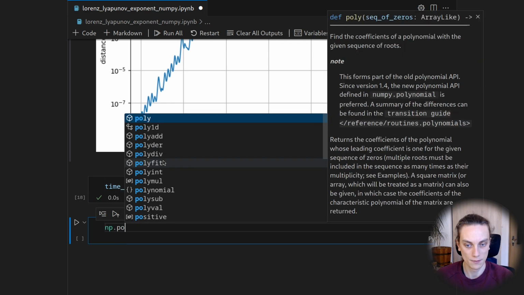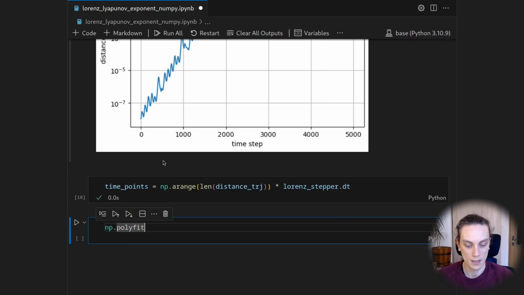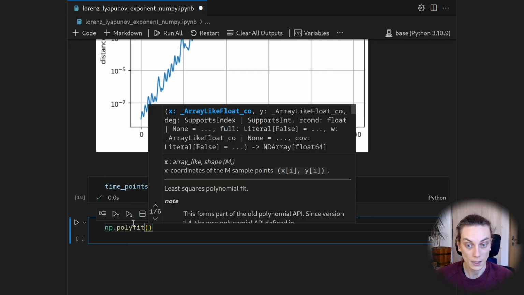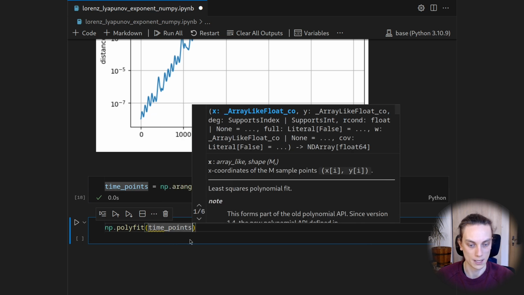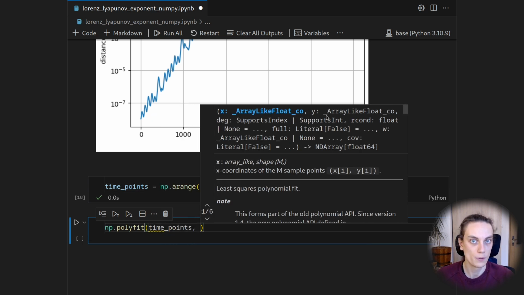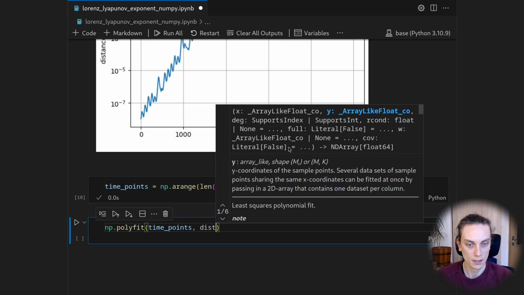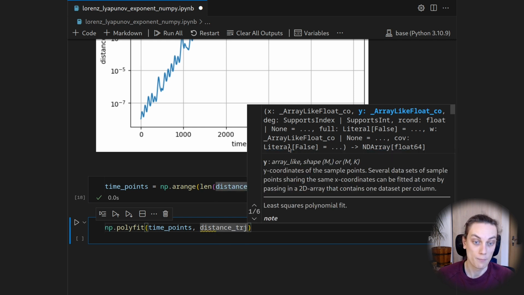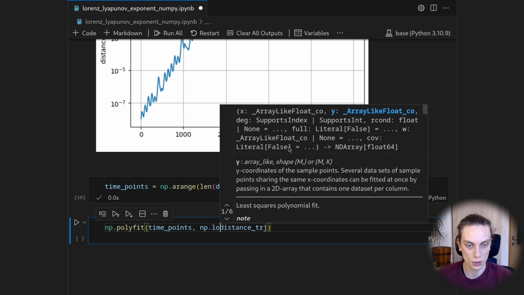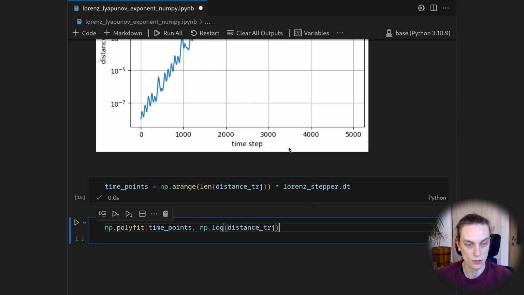There is this very handy function called numpy.polyfit. What does it require us to hand over? We need to provide an X and a Y component of the dataset. The X component, as mentioned, is going to be our time points. The Y component is going to be numpy.log applied to the distance trajectory.